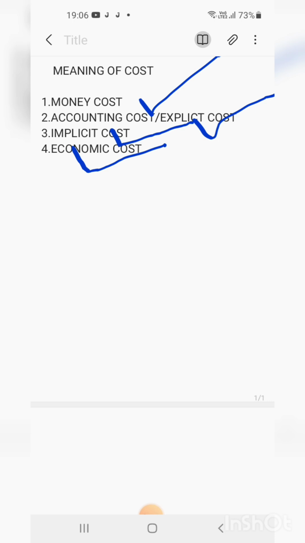It consists of all such payments to the factor services and raw materials bought or hired from outside and supplied by the entrepreneur himself. So this is all about money cost, accounting cost or explicit cost, implicit cost and economic costs.